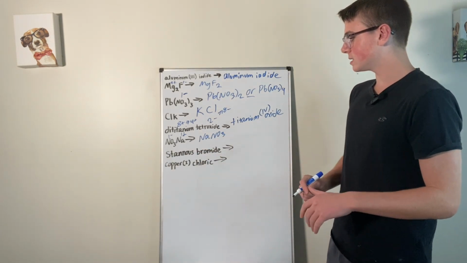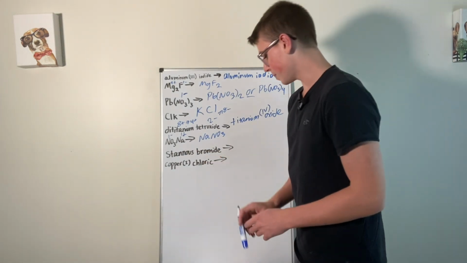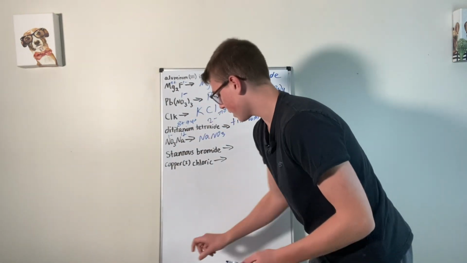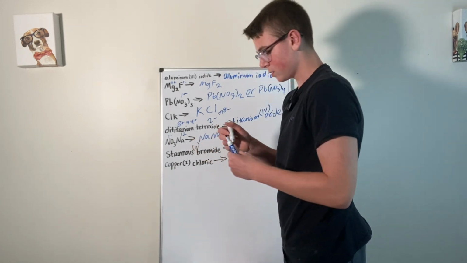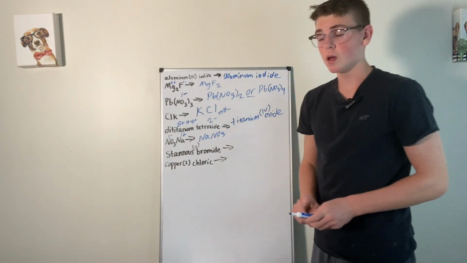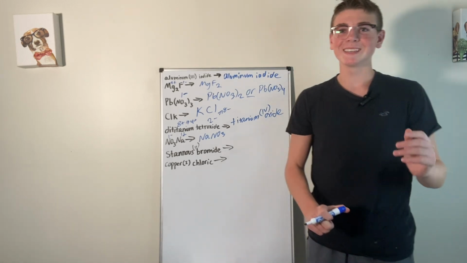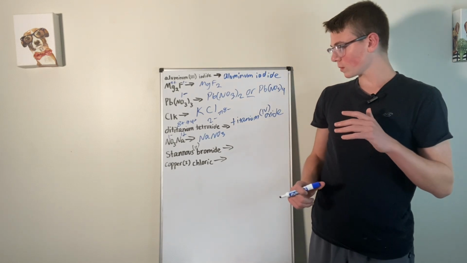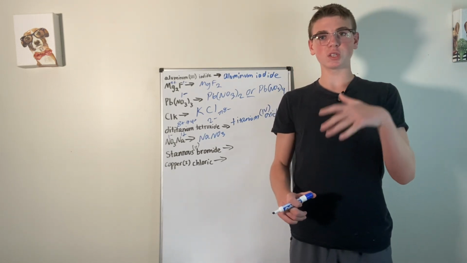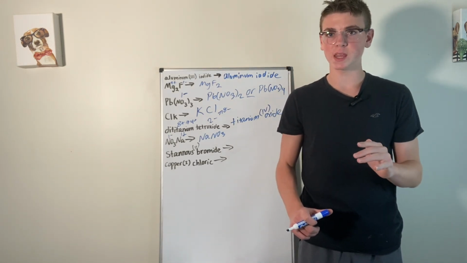Okay, then stannous 2 bromide. That is supposed to have a 2 there? Stannous bromide literally is correct. Well, the stannous and the 2 don't both have to be there.